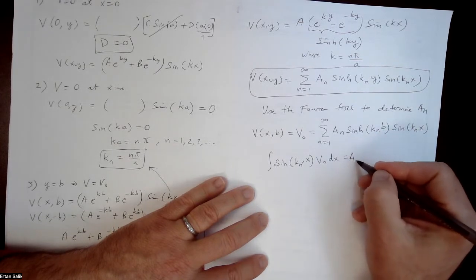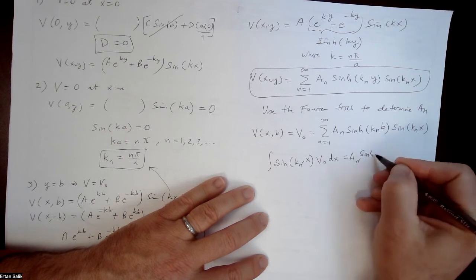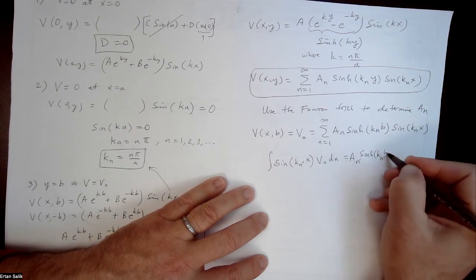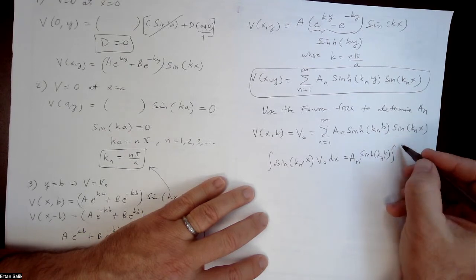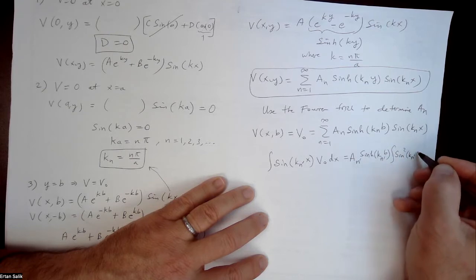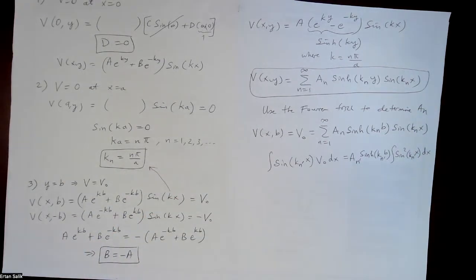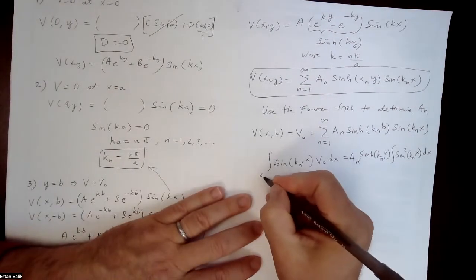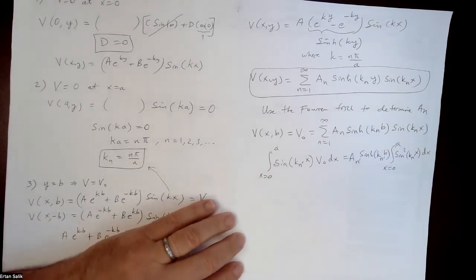So I have an prime sinh kn prime b, and then I have the integration again of the square of this, right? Sine square kn prime x dx. So x equals 0 to a and x equals 0 to a.